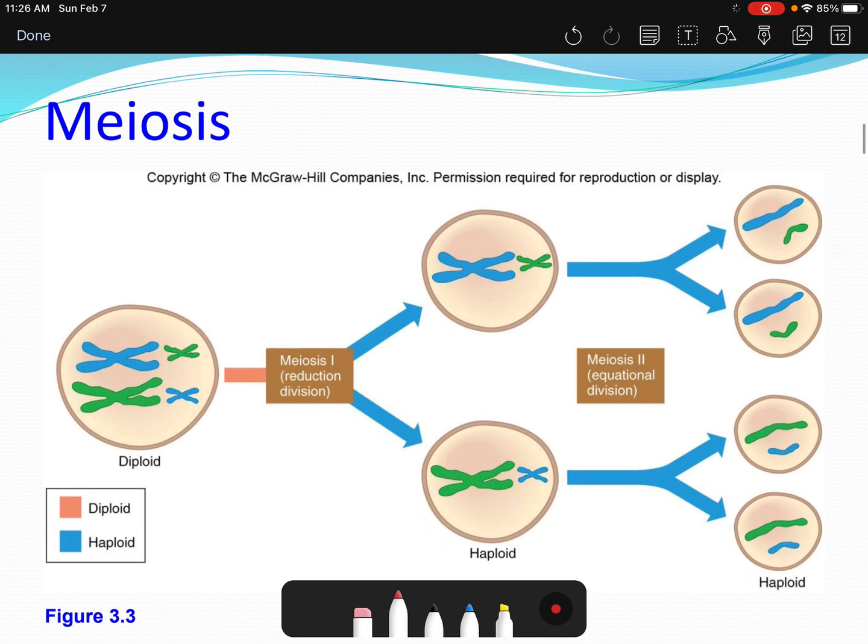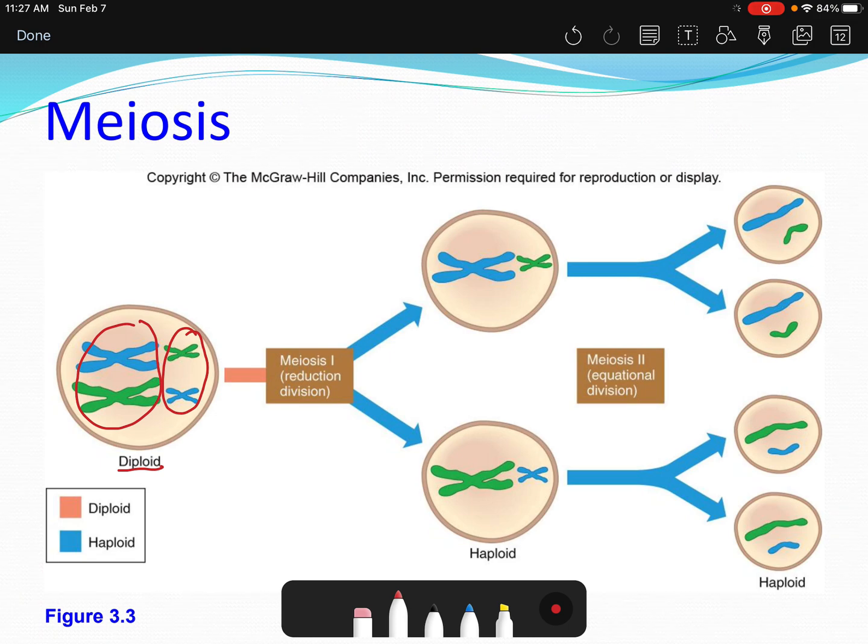So when we look at the overall stages of meiosis, we're going to be starting out with diploid cells where we have 2 of every kind. So here's 2 and here's 2. Again, remember we would have 46 chromosomes in our body cells, 2 of every kind, so 23 pairs.